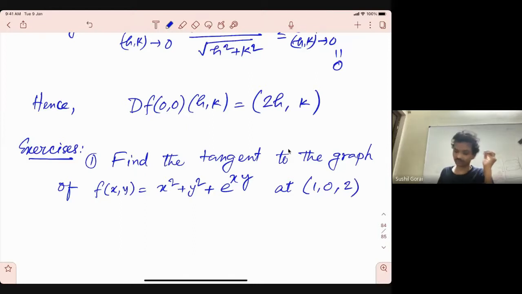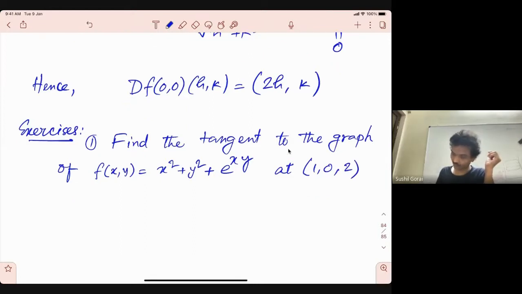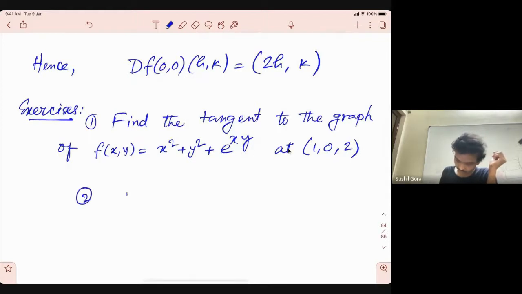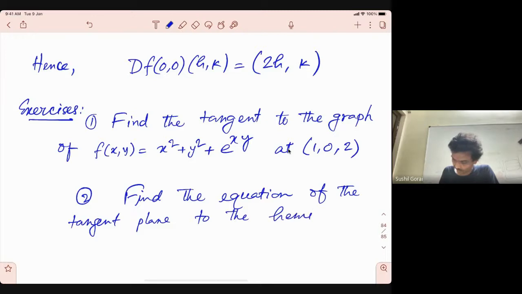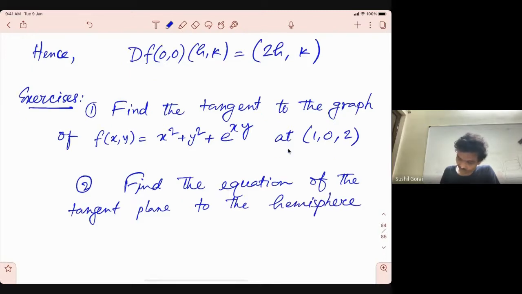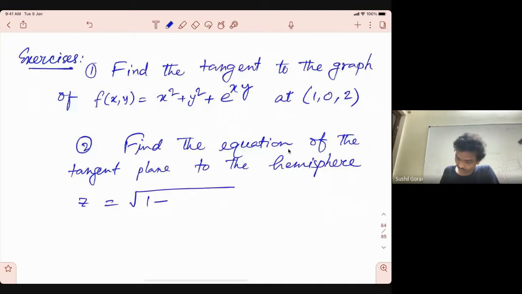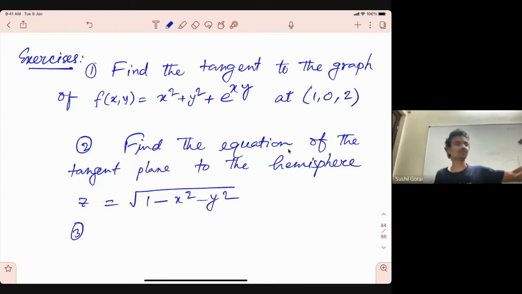This point lies on the graph. Now you know how to find it. Second, find the equation of the tangent plane to the hemisphere z equal to the square root of 1 minus x square minus y square. And third, let me give you exercises from that book. Perhaps everybody then will look at the book.